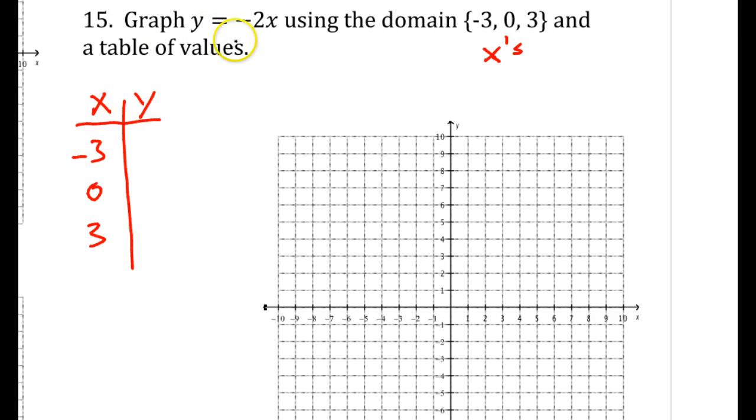Plug in -3 for x. What is -3 times -2? And then 0 times -2, and 3 times negative 2. So -3, 6. And this is what the poster looked like yesterday. You just saw 3 dots. And 3 negatives, right?